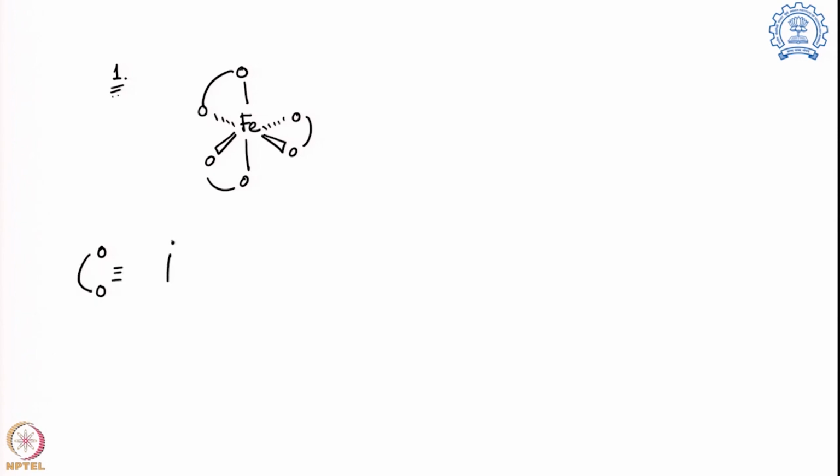The first example we are going to take is an iron octahedral complex, and over here I am going to have bidentate ligands bind to it. What do I mean by bidentate ligands? The structure I am drawing is nothing but carboxylate acid groups.